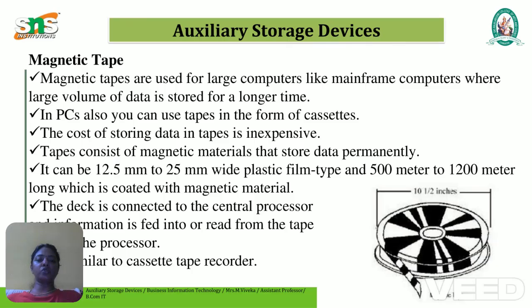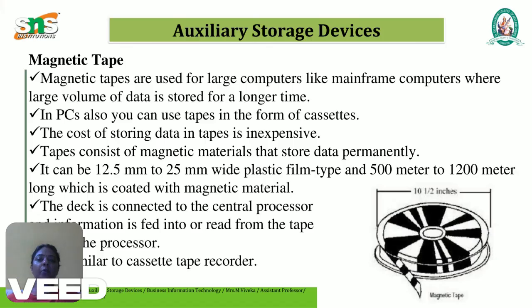A magnetic tape is used for large computers like mainframe computers, where a large volume of data is stored for a longer time. In a PC, we can also use tapes, which are inexpensive. The cost of storing data in tapes is inexpensive. The tapes consist of magnetic materials that store data permanently.